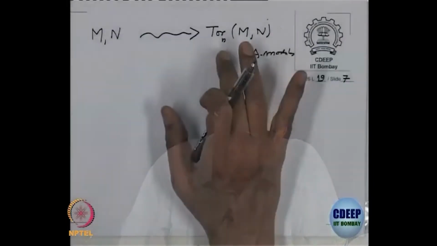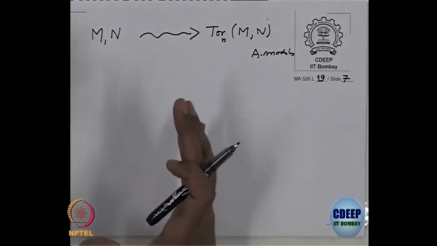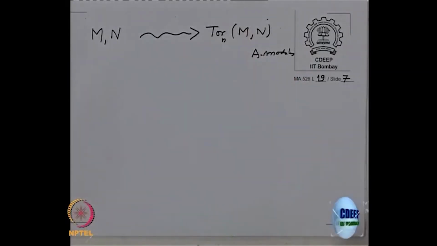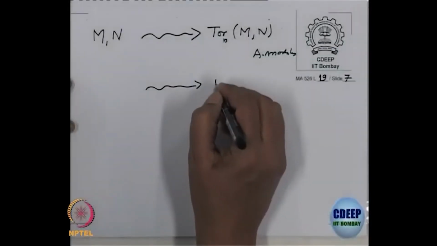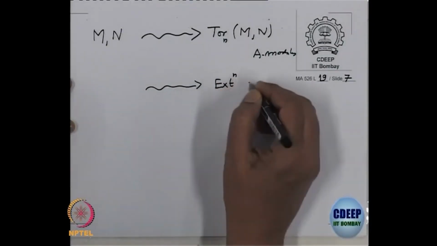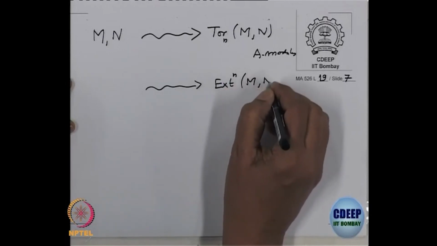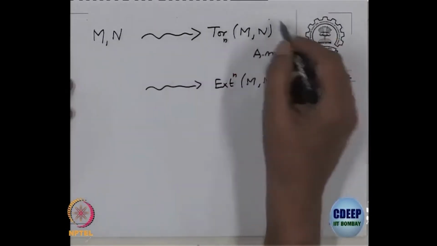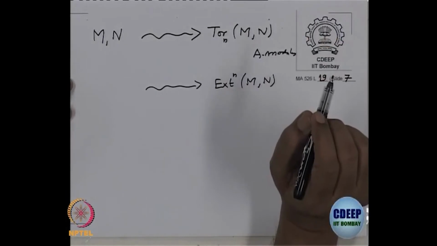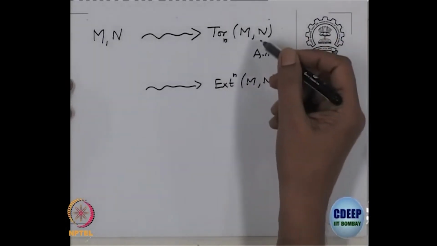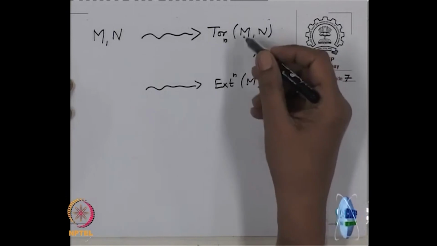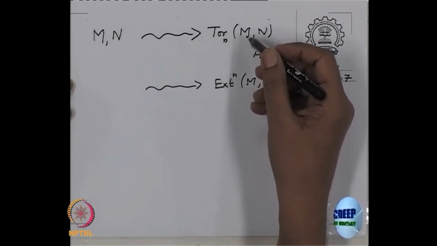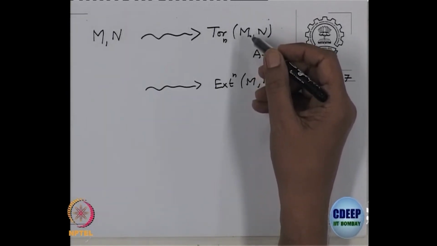So, these Tor with different suffixes are connected to each other by that long exact sequence. And similarly, we have this Ext n M N, these are also A modules, and if M and N are finitely generated, these are also finitely generated, because they are coming out of either applying home or tensor product and taking the quotients.